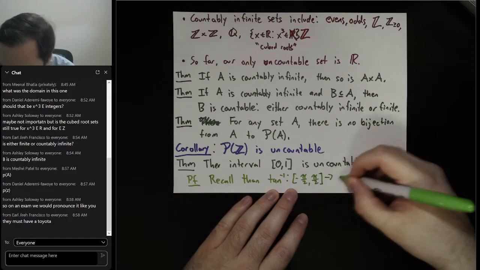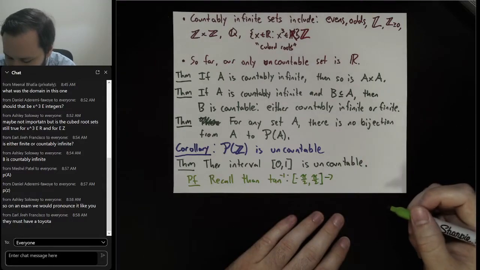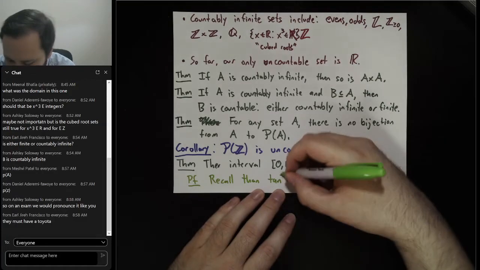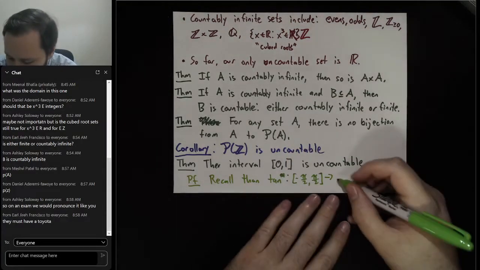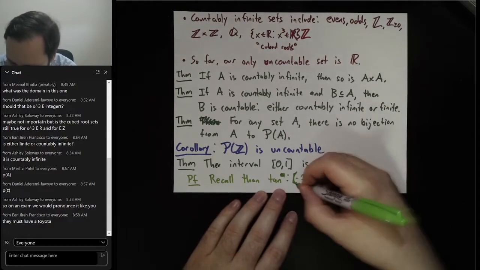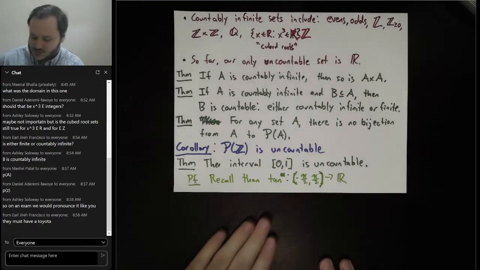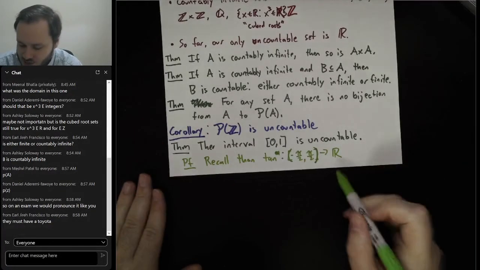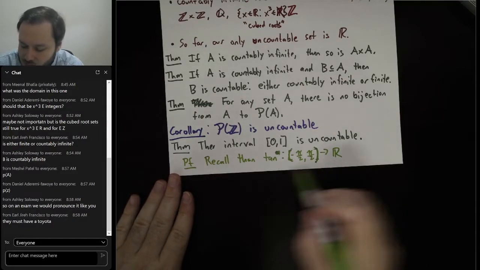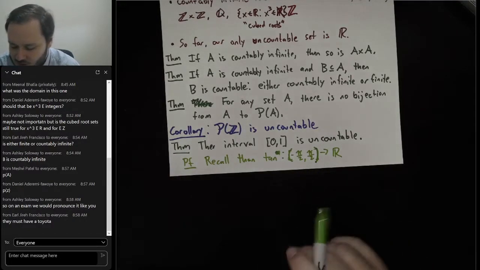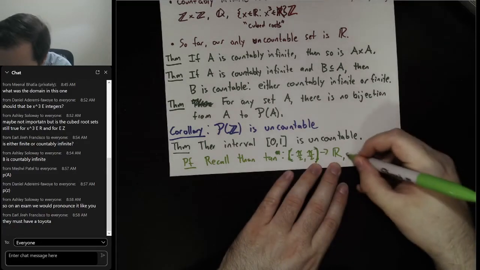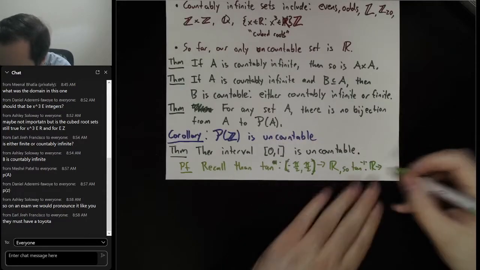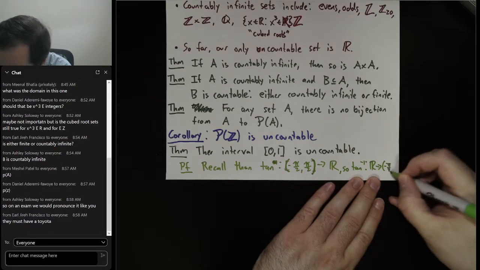Tangent on negative pi over 2 to pi over 2 gives you any real number, excluding the endpoints. Inverse tangent is the one I want. Inverse tangent goes from the real numbers: input any real number, and you get an output between minus pi over 2 and pi over 2.